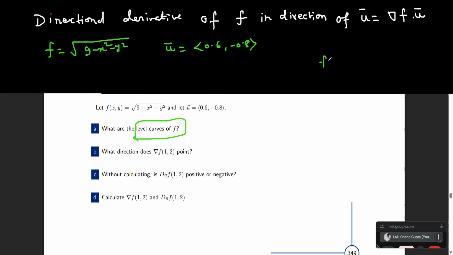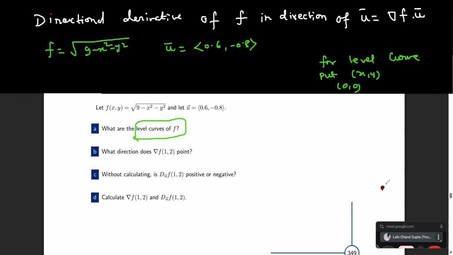For a level curve, put the x value, y value. First put 0, 0. When you put 0, you will get root 9, right? Root 9 is 3.